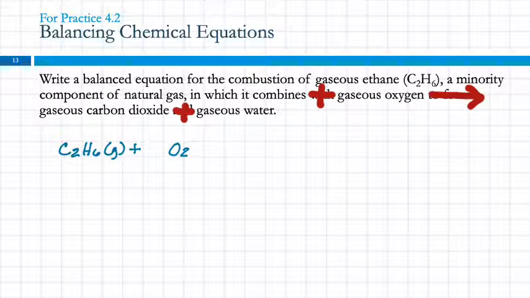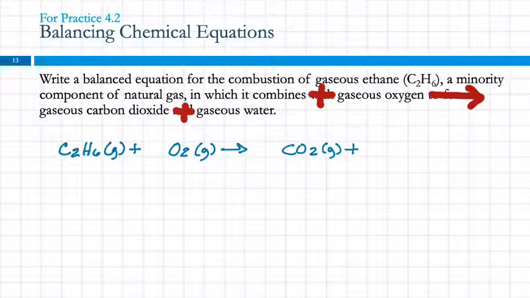So this is an example of where we need to remember which ones are diatomic. So there's the gas, and that's going to form carbon dioxide. What's the formula for that? CO2, carbon dioxide, 2 oxygens, also a gas, and water.